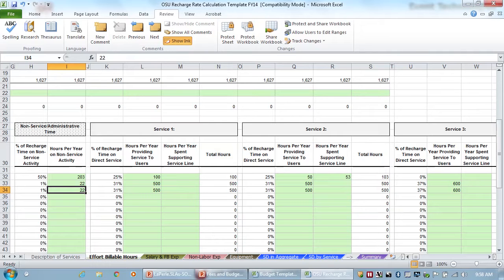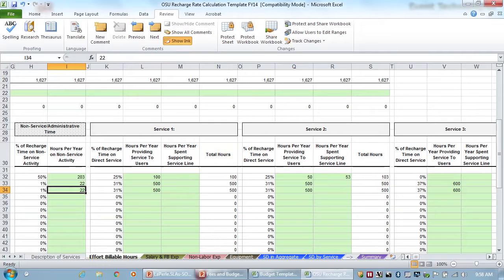If you have one tech who only does the one service, put all 1,600 hours on that one service. But if they do a little bit of each, you want to break up their hours across each service line. So that's what we did here. I just did it even, but you can do it any way that you want. If one tech does 50-50 on service 1 and 2, and the other tech does 50-50 on 2 and 3, split it up however you want.